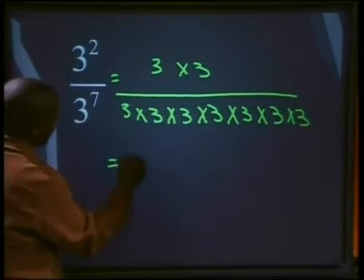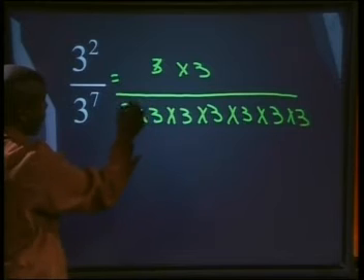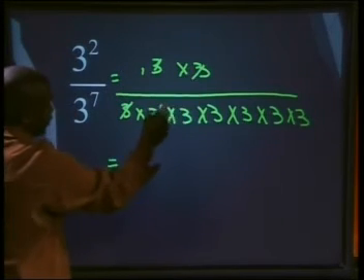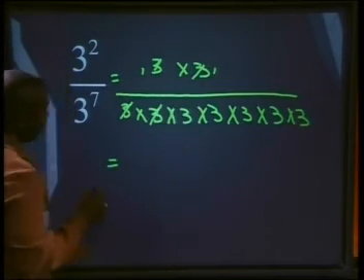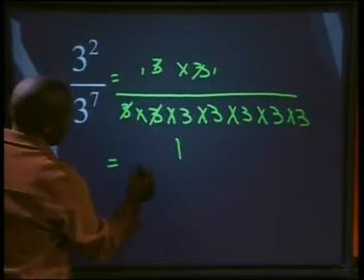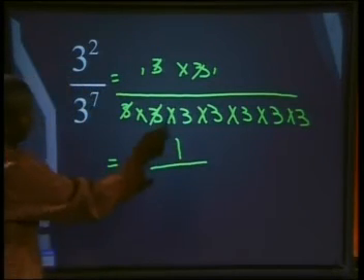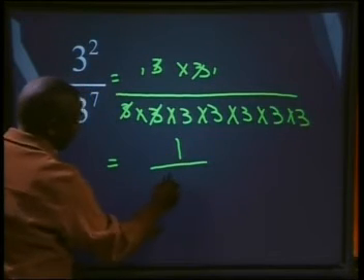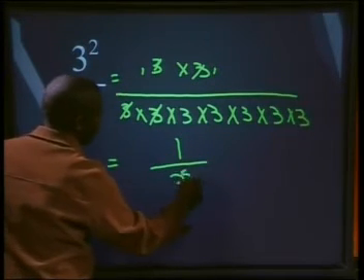So we can cancel out at the top. 3 into 3 is 1. 3 into 3 is also 1. So what do we have? 1 times 1 gives us 1 over, how many 3's do we have at the bottom? 1, 2, 3, 4, 5. Therefore, it will be 3 to the power of 5.